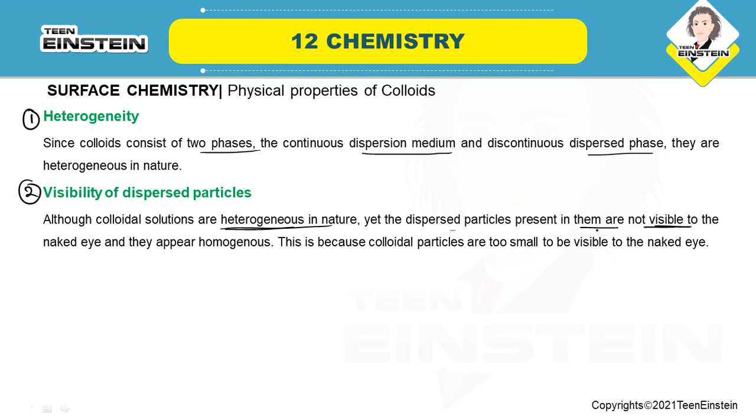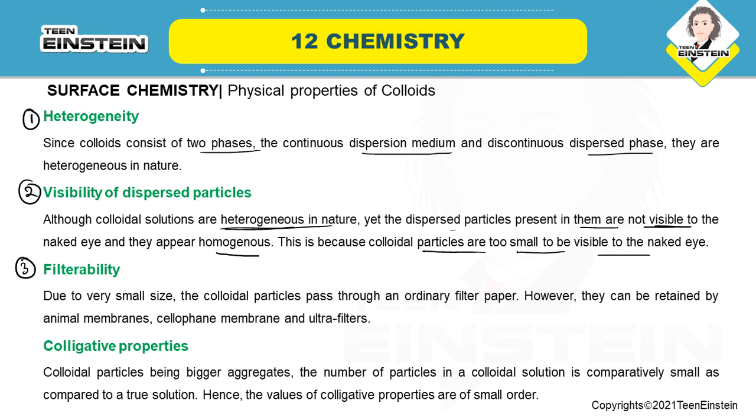They appear as homogeneous, but that is actually not true. If you see a solution that is clear, with no particles visible, it appears homogeneous, but that does not mean it is. When we use an ultra microscope, you can see the particles, but in true solution, even in an ultra microscope, you cannot see them. This is because colloidal particles are too small to be visible to the naked eye, but that does not mean they are homogeneous. Only their appearance is like homogeneous, but in practice they are heterogeneous.